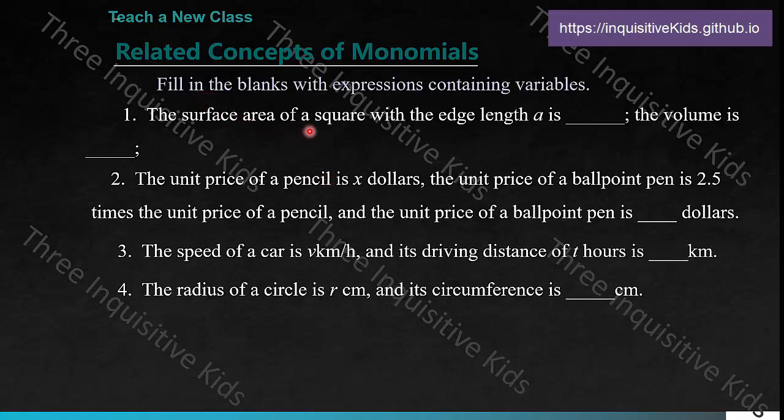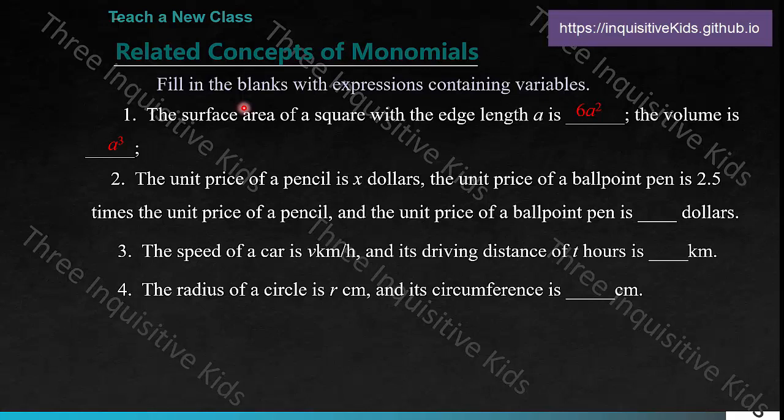Fill in the blanks with expressions containing variables. 1. The surface area of a square with the edge length a is blank. The volume is blank. So how we would fill in the first two blanks would be with 6a squared and a cubed.